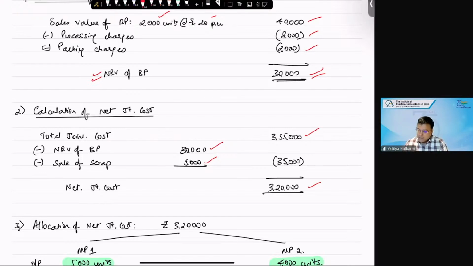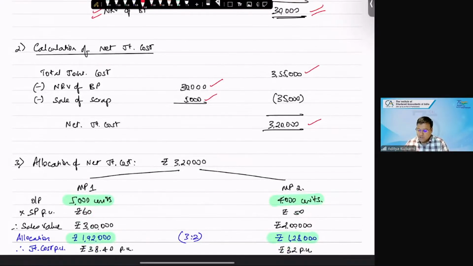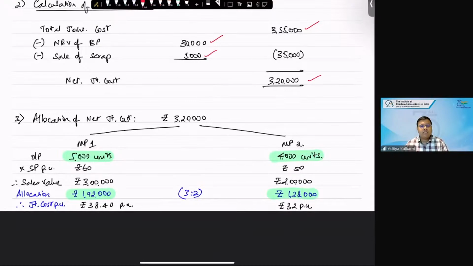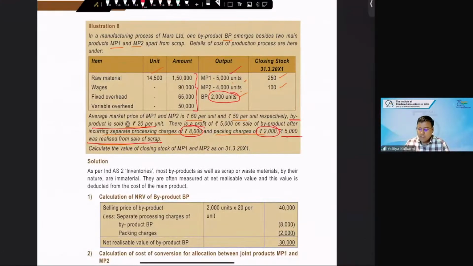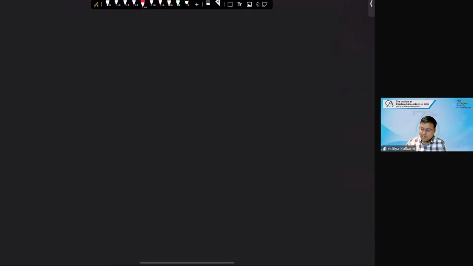All right. Now, calculation of net joint cost. We need to allocate the net joint cost of 3,20,000 to the two joint products, MP1 and MP2. MP1, 5,000 units I have manufactured. MP2, 4,000. Selling price is 60 and 50 respectively.